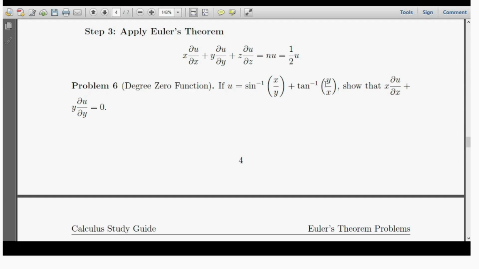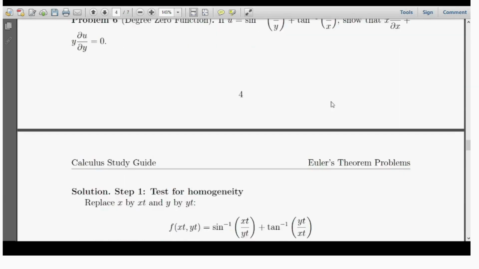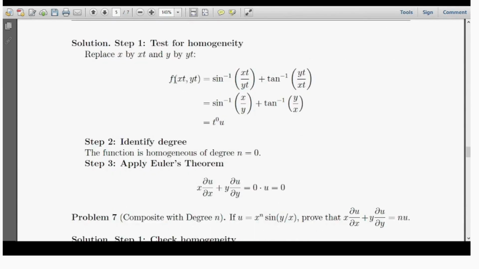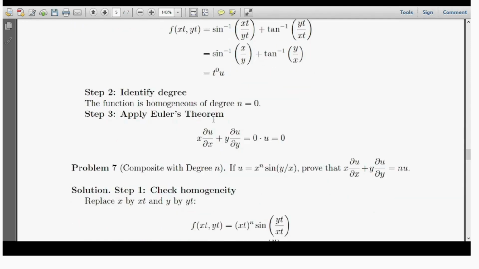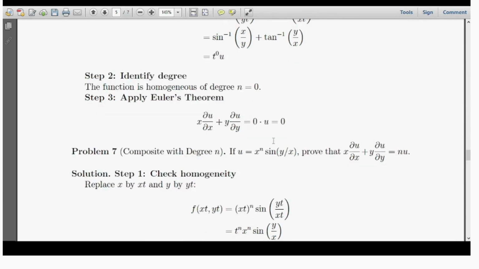Similarly in ty by tx, the same function is obtained. That means f of xt, yt equal to sin inverse of xt by yt plus tan inverse of yt by xt, the same function, which is u. So this is t power 0 into u, which means the degree of the homogeneous function is n equal to 0. So by Euler's theorem, x dou u by dou x plus y dou u by dou y equal to nu, and because n is 0, it is 0 into u, so this is 0.